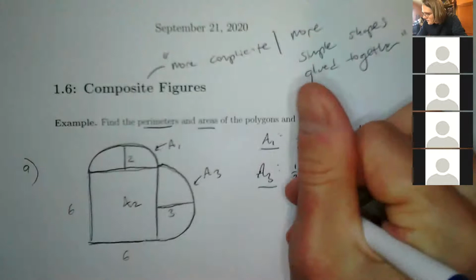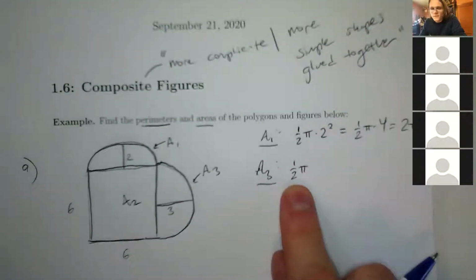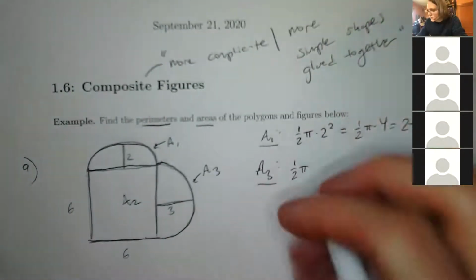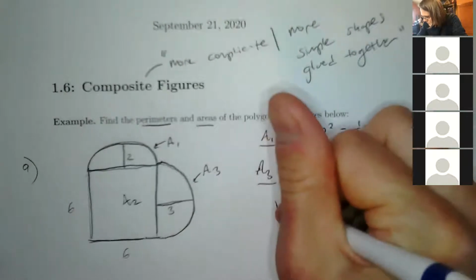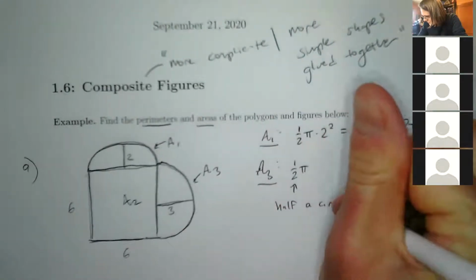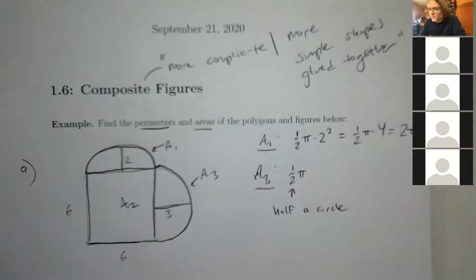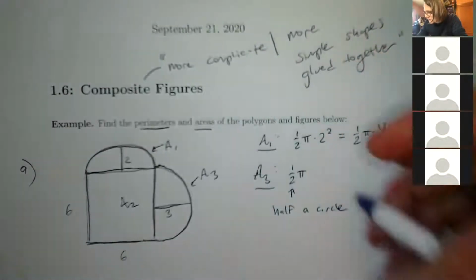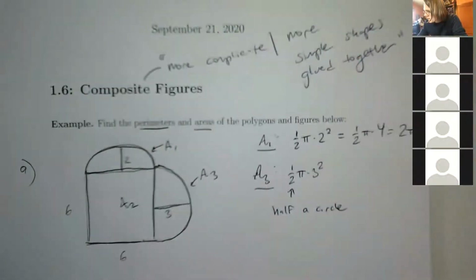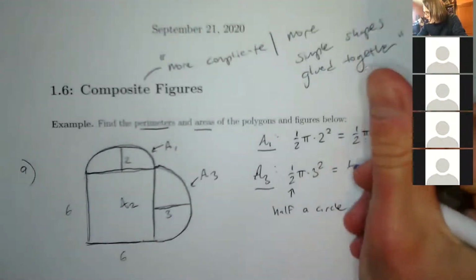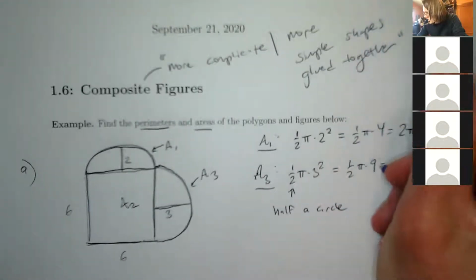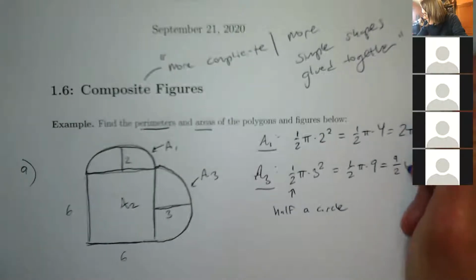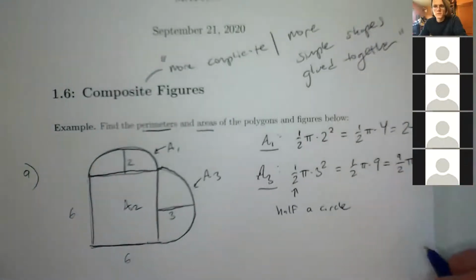So 1/2 pi r squared again, and the 1/2 comes from the fact that it's half a circle, so the area is exactly half that of a circle. The radius in this case is 3, so I get 1/2 pi times 9, or 9/2 pi, however simplified you want to be. Questions about those?